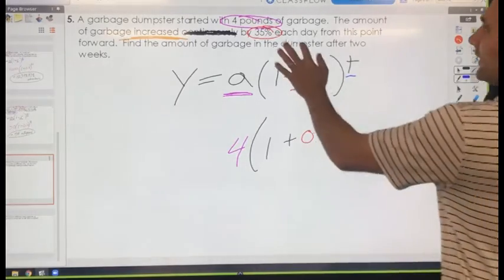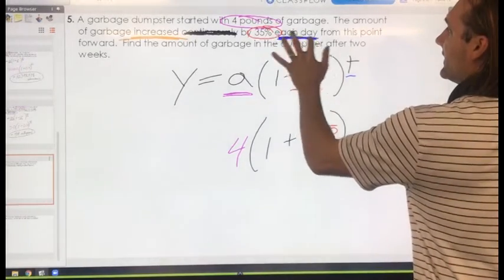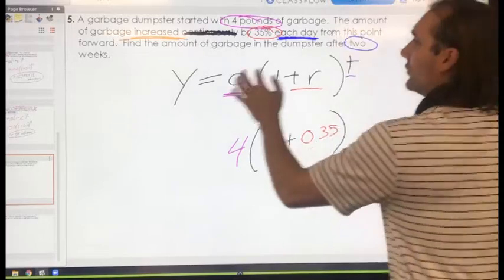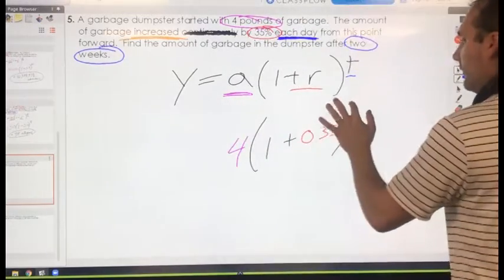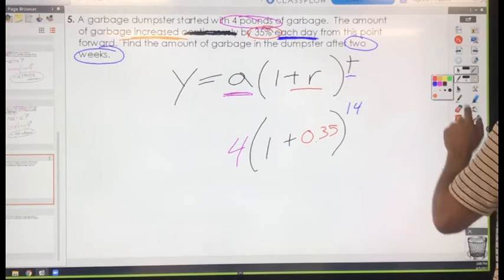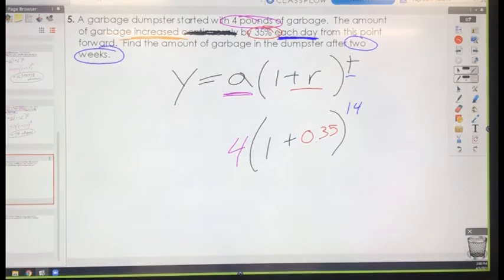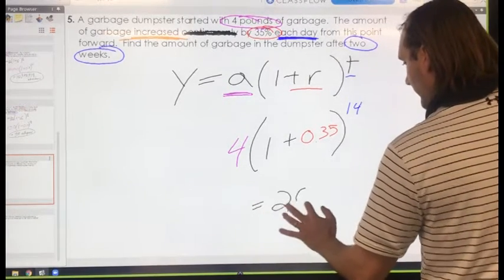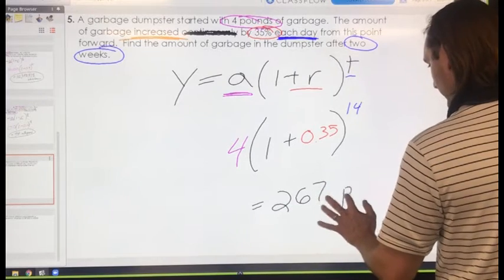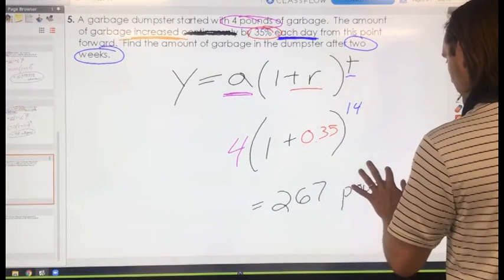Aha, so notice this is increasing each day, and after 2 weeks, that gives you 14 days. So pay very close attention to the vocabulary. And that gives me 267, let's just round, pounds of garbage.